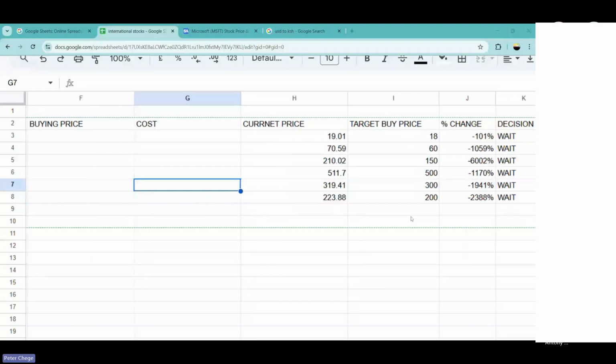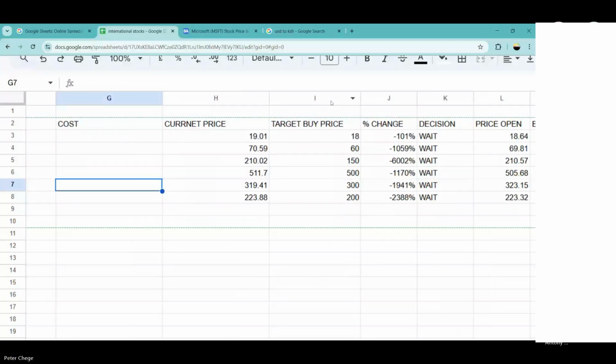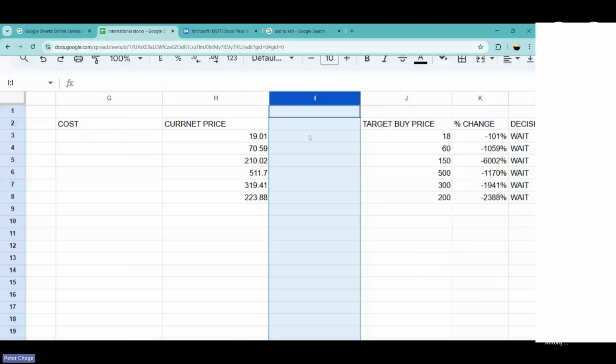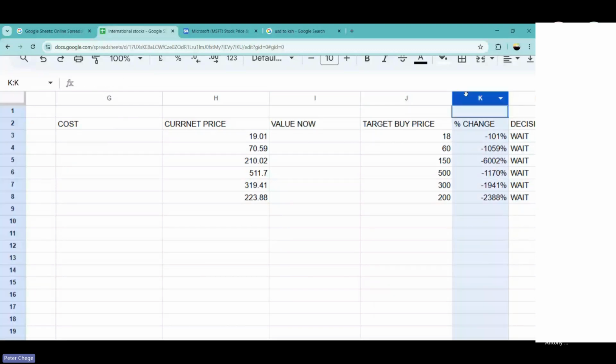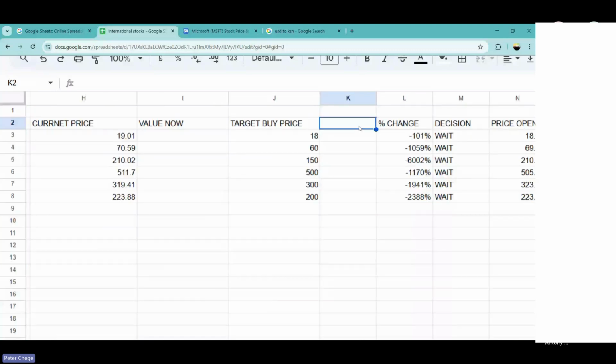Then the value now. We can leave the target price there, then here we can put expected profit, because in the target price now you have your expected profit.